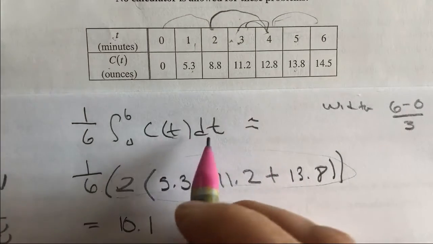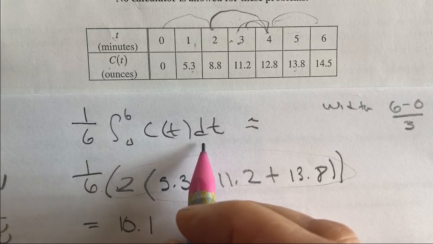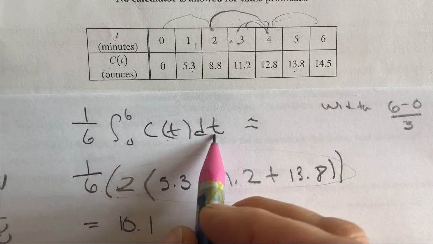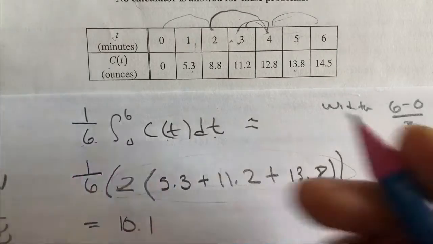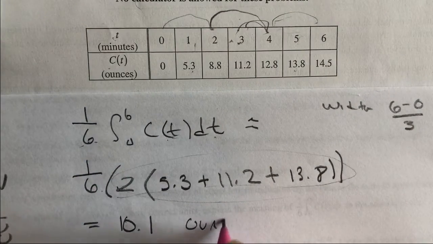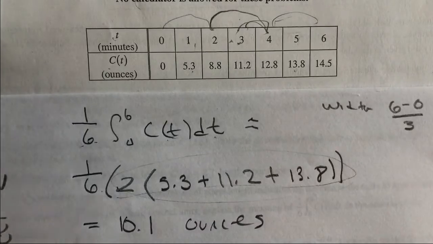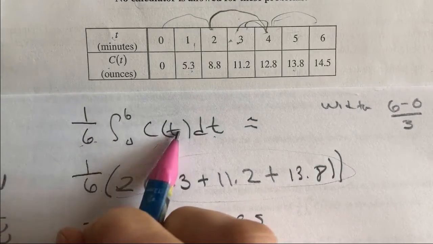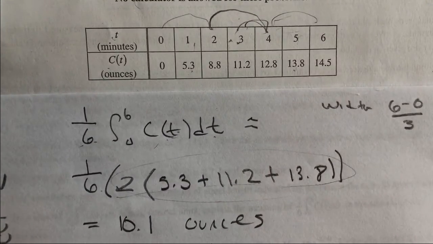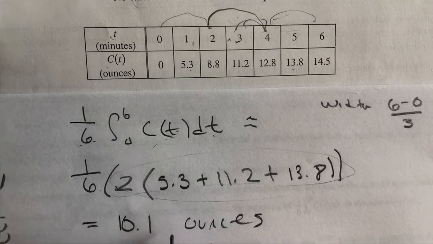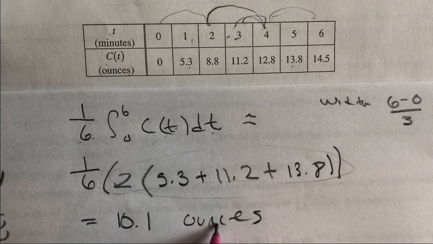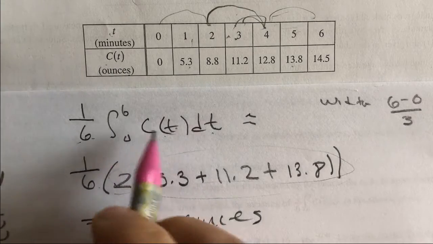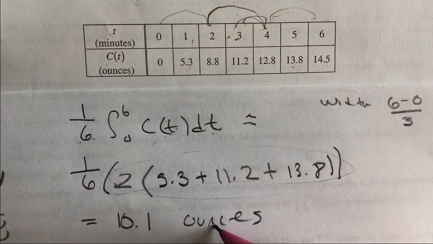Oh, wait a minute, ounces times time. Oh, this out here, that's the difference in time, so the time cancels, so it is ounces. Sorry. And hopefully you would recognize that's just the average value of the function c over this interval. And they actually want us to explain what that tells us using correct units. Anytime you get the average value of a function, it has the same units as the function itself.